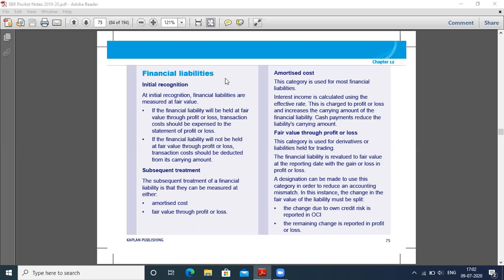If the financial liability is recognized at fair value, the transaction cost should be shown as an expense in the statement of profit or loss account. This is a very important statement you need to remember.